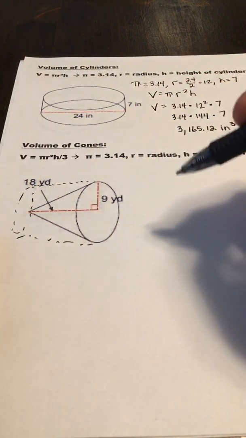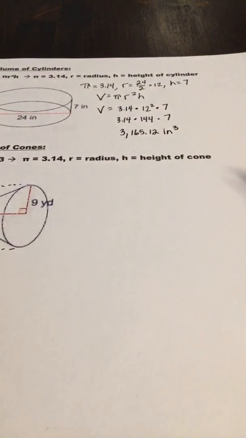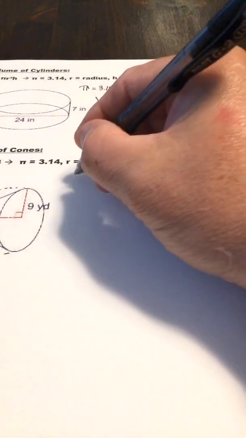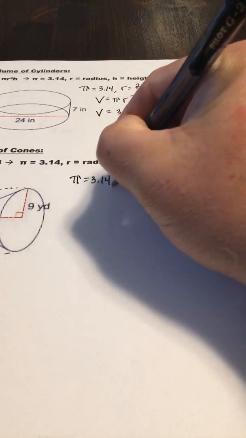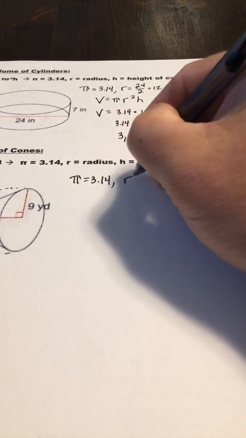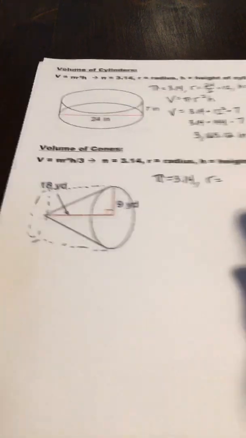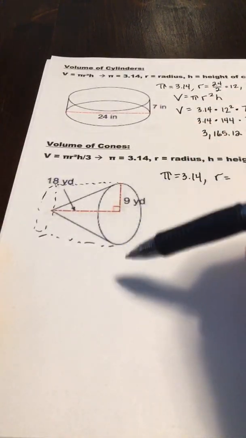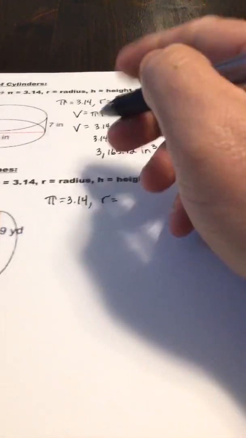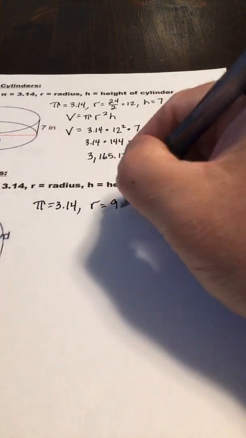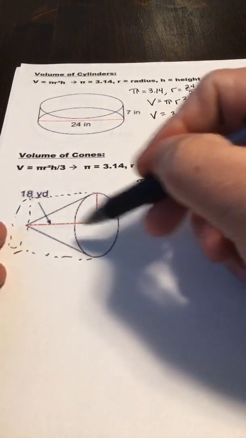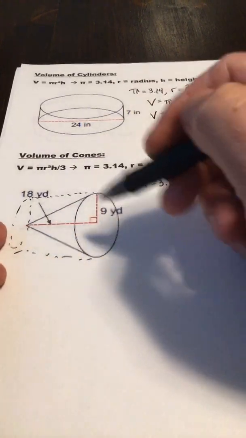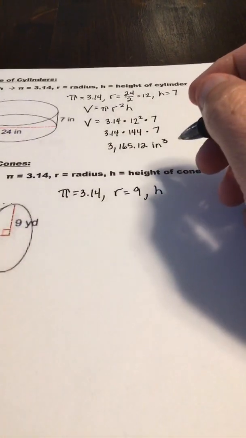Okay, so the first thing we want to do is define our parts. Of course, pi is 3.14. The radius here, let's see if they're trying to trick us. It's not all the way across, so it is 9. And then the height of that cone, measured from the center of the base to the top of the cone, is 18.